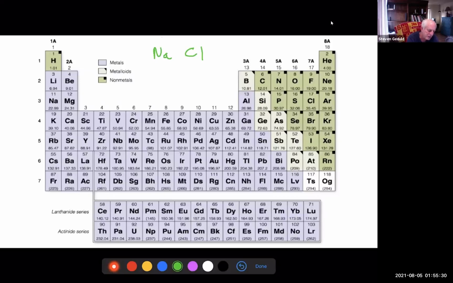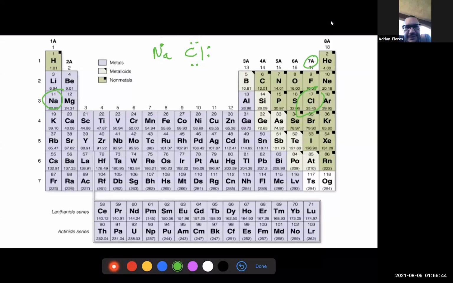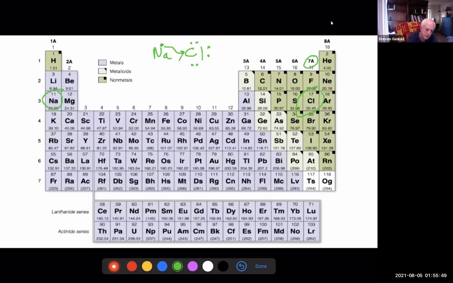Na, you can see right here, has one valence electron. Chlorine has how many? 7. Everything wants to have 8, right? So sodium donates this electron to chlorine. Now chlorine has 8 valence electrons, so you get Cl and a minus charge because you have one extra electron.